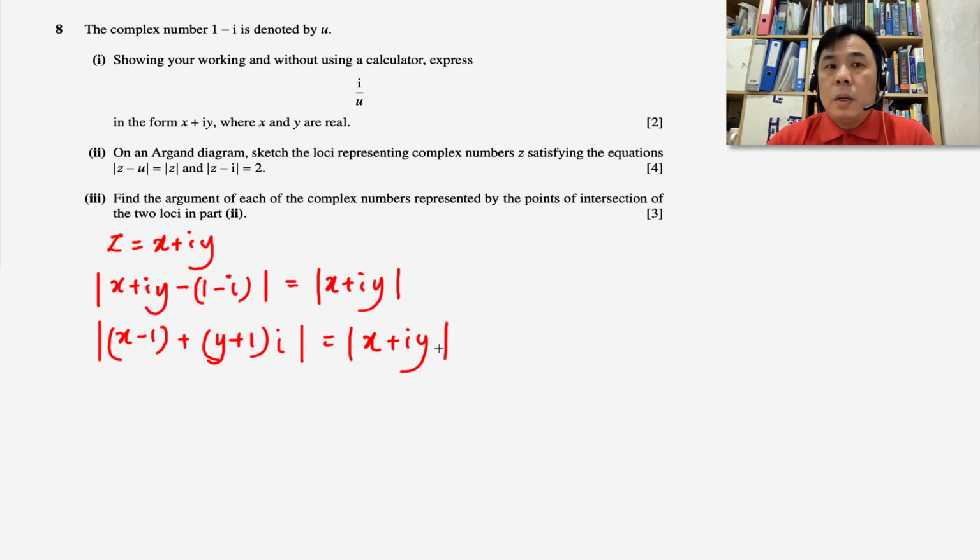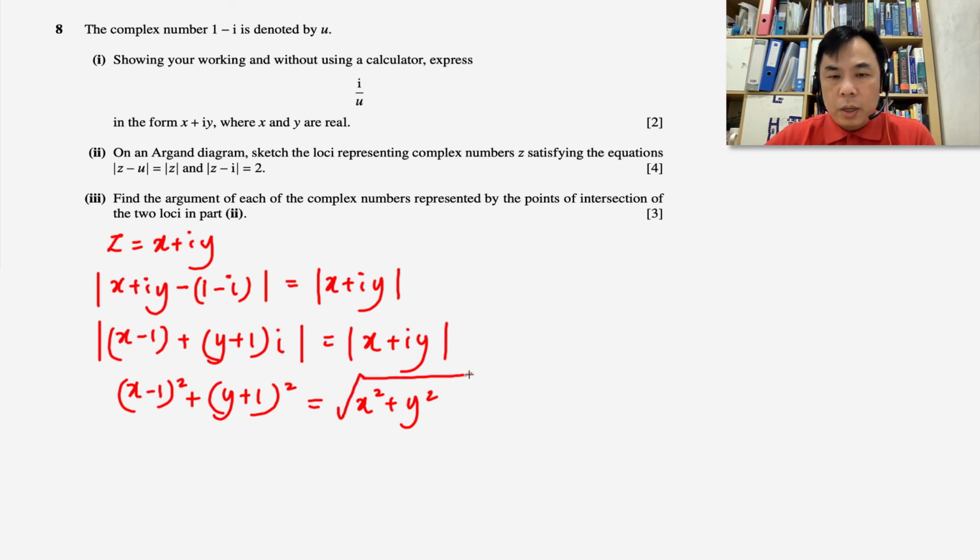And then just a reminder again, the modulus symbol represents the distance measured from the origin. Therefore, we're going to apply the Pythagoras theorem here. It's x minus 1 squared plus y plus 1 squared equal to x squared plus y squared. Now, of course, originally there is the square root, but we can get rid of the square root by squaring both sides here.